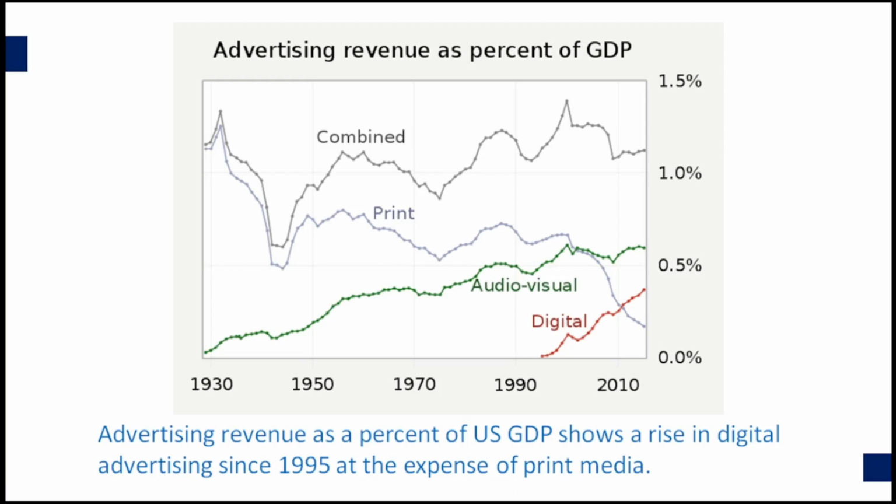Because if you look at audio visual, which was used from 1930 to 2010, you see the rate at which digitalization grew in order to meet that audio visual is very high.